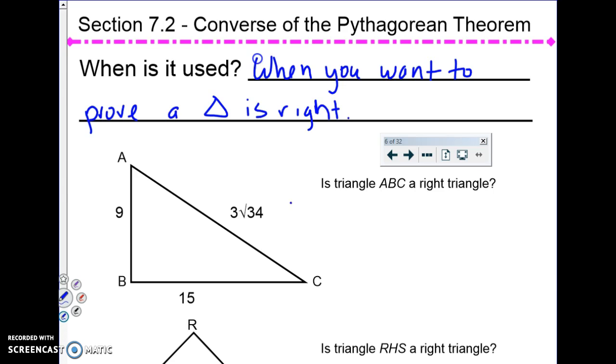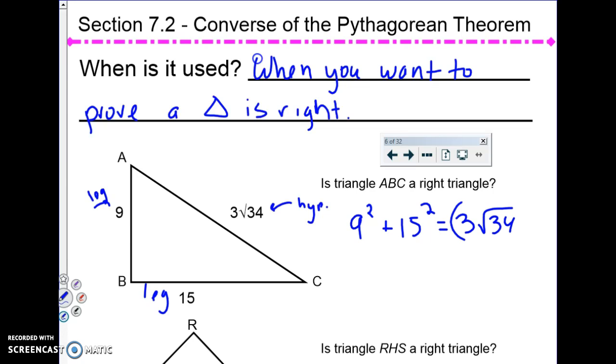So again, we have to correctly identify that this is the hypotenuse, and this one is a leg. And we're going to put those together into the Pythagorean theorem and basically see if it works. So, does 9 squared plus 15 squared equal 3 radical 34 squared?